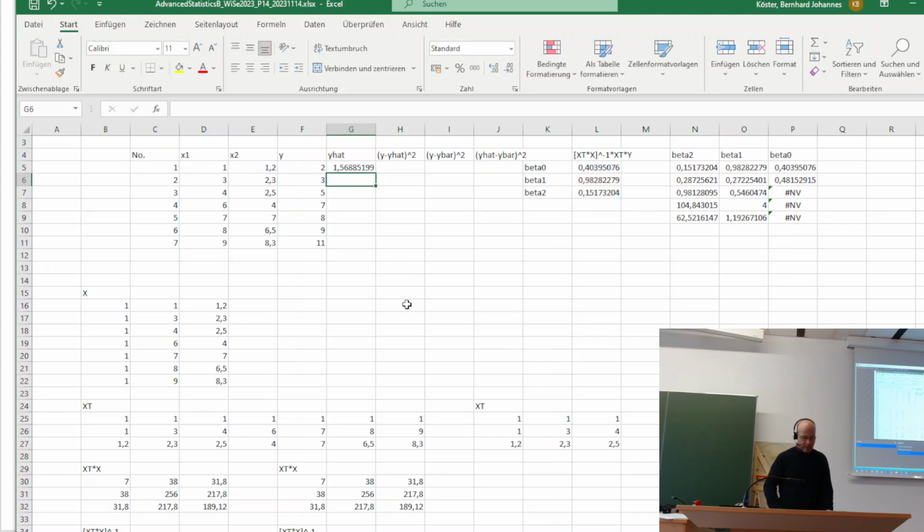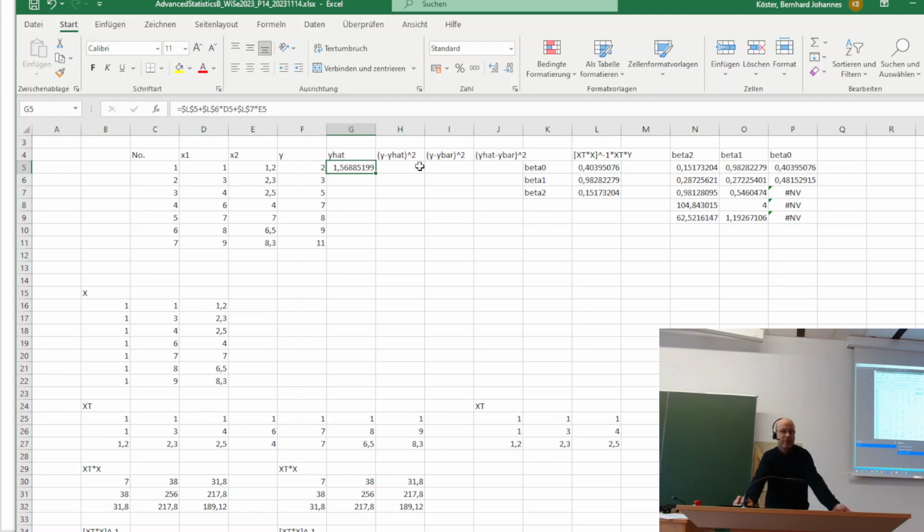So our corresponding estimated value from our regression with the input variables x1 and x2 of 1.1 and 1.2 would be roughly 1.75.